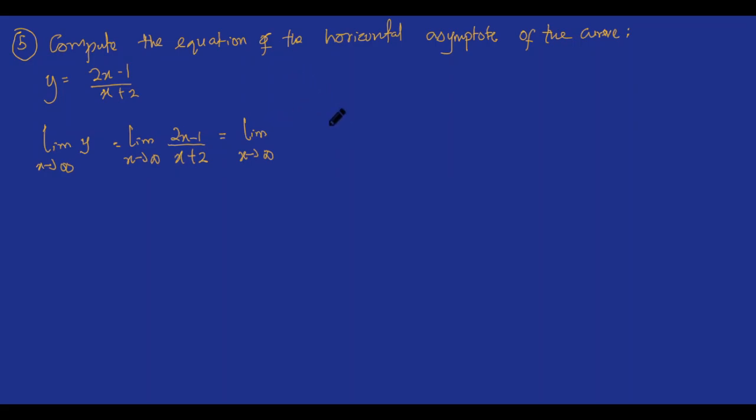Therefore, we have the limit as x tends towards infinity of x times (2 minus 1 over x) divided by x times (1 plus 2 over x). This becomes the limit of 2 minus 1 over x divided by 1 plus 2 over x.